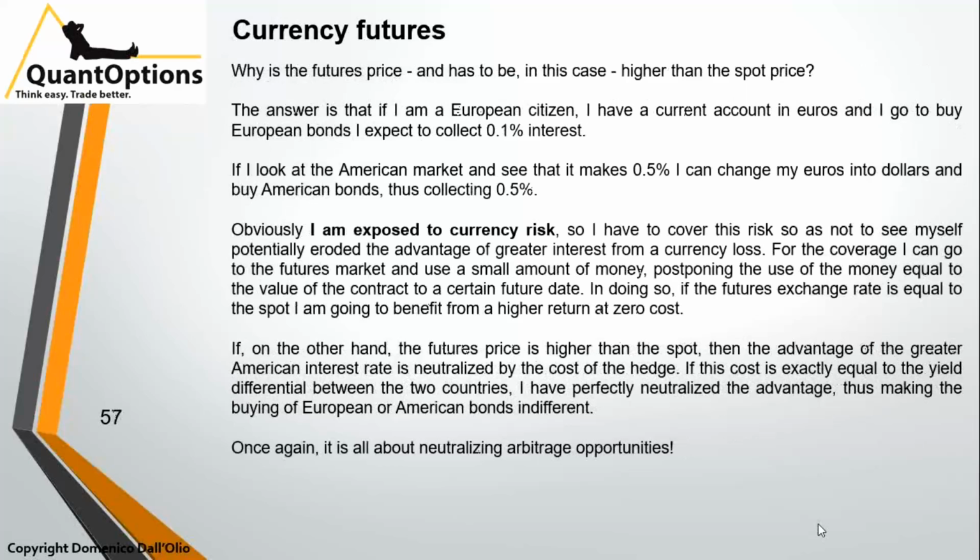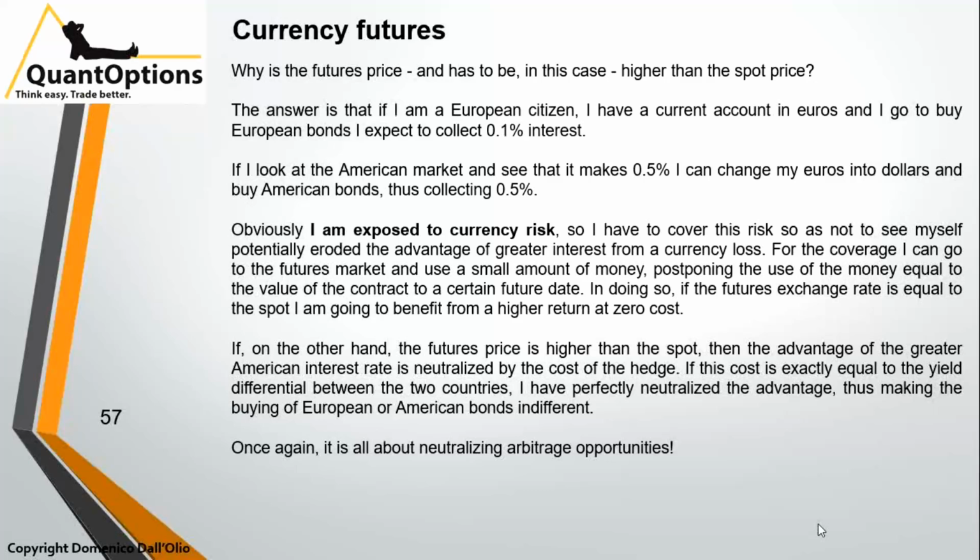Why is the futures price, and has to be, in this case, higher than the spot price? The answer is that if I am a European citizen, I have a current account in euros, and I go to buy European bonds, I expect to collect 0.1% interest.